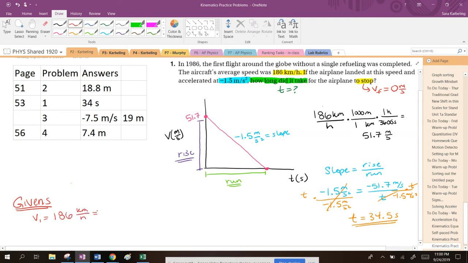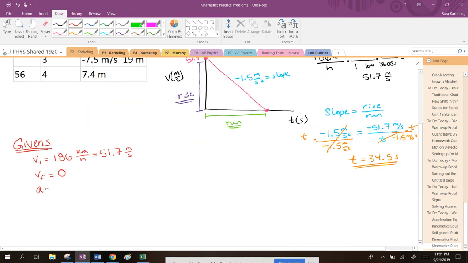We already did that conversion, so I'm not going to do it again, but it's 51.7 meters per second. We know that the final velocity was 0. It says the acceleration is negative 1.5 meters per second squared. And the thing that I'm looking for is time.